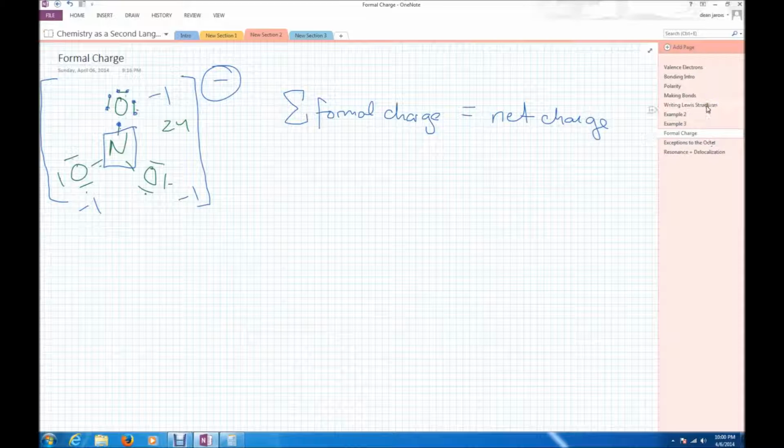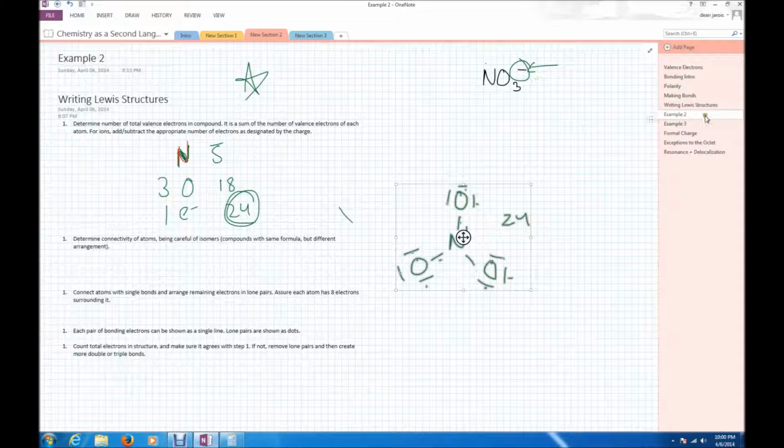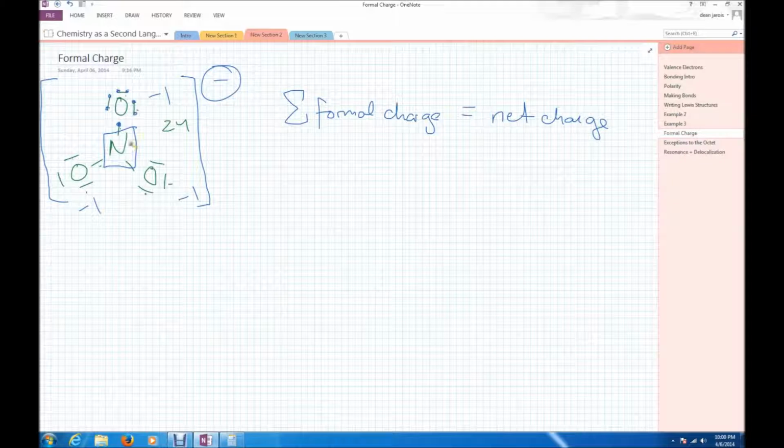It looks like we even skipped a rule in example 2. There should be a lone pair there, because this used to have only 6 electrons, now we're making it 8. So looking at that, we can calculate the formal charge of the nitrogen.